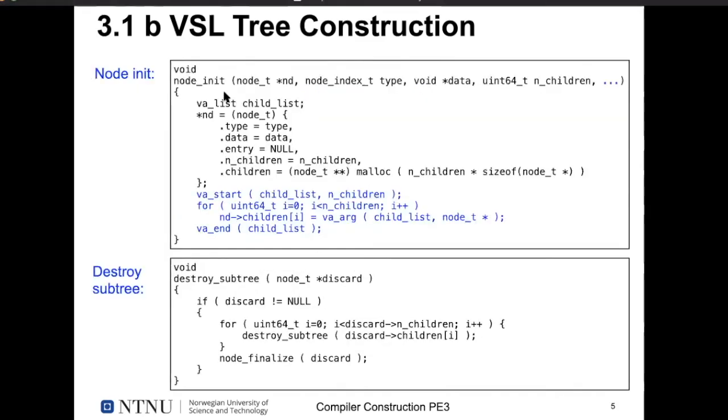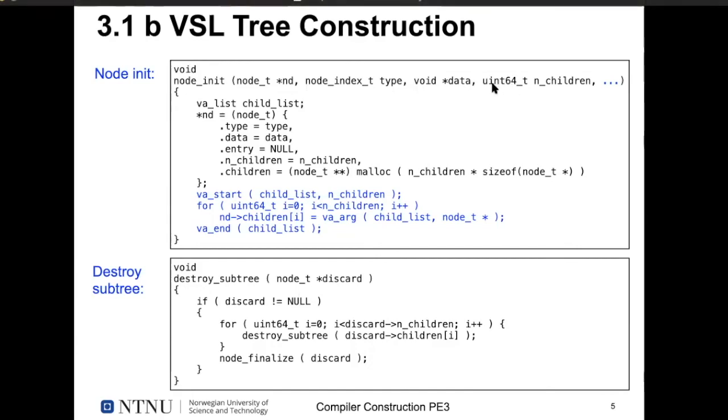So what we do in our node init function, you see this is a variadic function. It has 1, 2, 3, 4 mandatory parameters. The first one is a pointer to a node_t, which obviously fits because we are passing it the result of a malloc of the size of a node_t. Then we pass a node index type, so the type of the node we want to generate. Then we have a void pointer to something generic, which currently just keeps the information about the type of the node as a string usually.